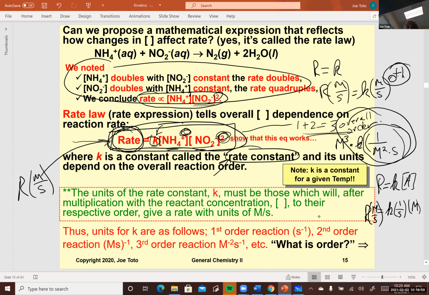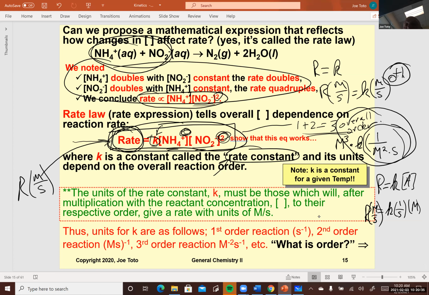So say I had analyzed this reaction back here, again, the ammonium nitrate, and it turns out that both of them are 0th order, which means no matter what the concentration is, as long as there's some reactants, the reaction rate is the same. It just chugs along at the same speed. It doesn't change if I increase or decrease any of the concentrations, as long as there's some there. That's called the 0th order effect.